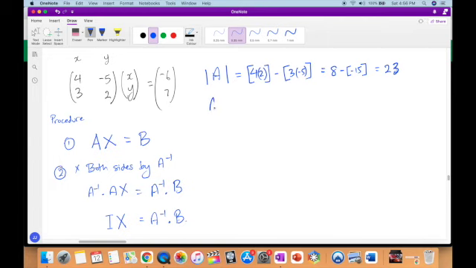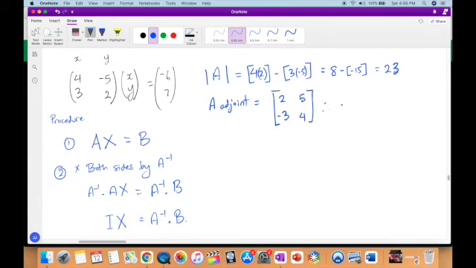We find A adjoint, which is simply flipping the 4 and the 2. So 2 goes here, 4 goes here, and I put in negatives on the others. So this will be negative 3. And when I put a negative in front of the negative 5, I'll get positive 5. That is A adjoint.